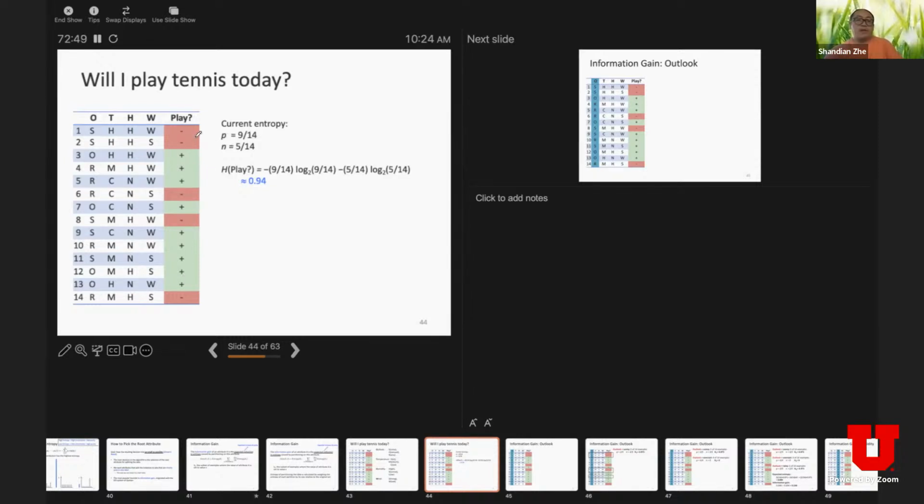And I got 5 negative labels, which are red. Then we just use the formula to compute the entropy of the whole data set, which is negative positive ratio times logarithm of positive ratio, subtracted by negative ratio times logarithm of negative ratio, which is 0.94.